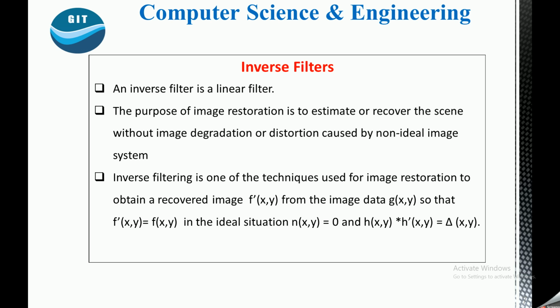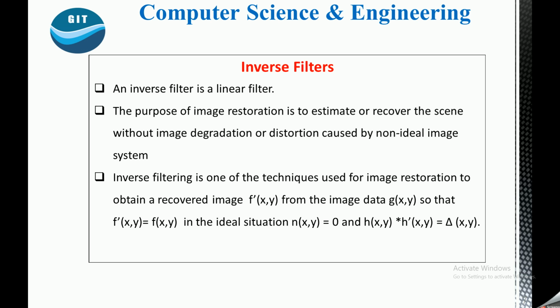Now come to inverse filters. The inverse filter is a linear type filter. The purpose of the image restoration is to estimate and recover the scene without image degradation or distortions caused by non-ideal image systems.